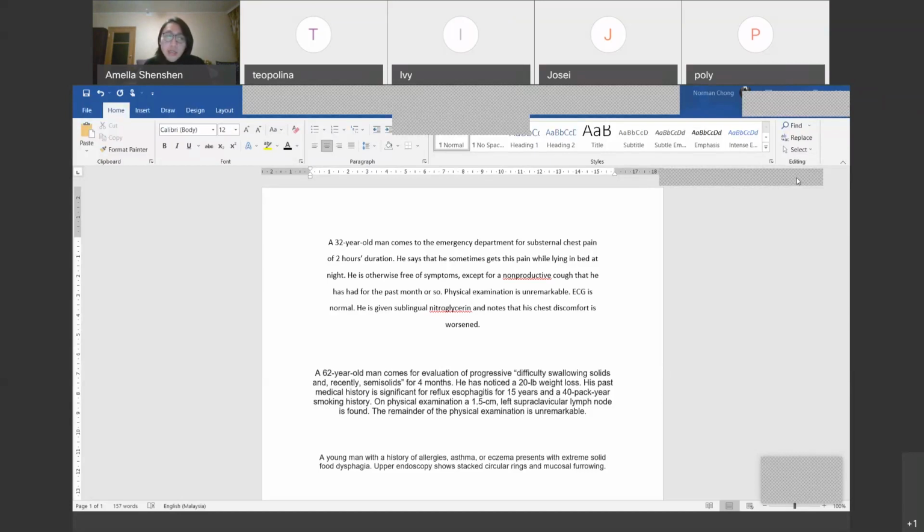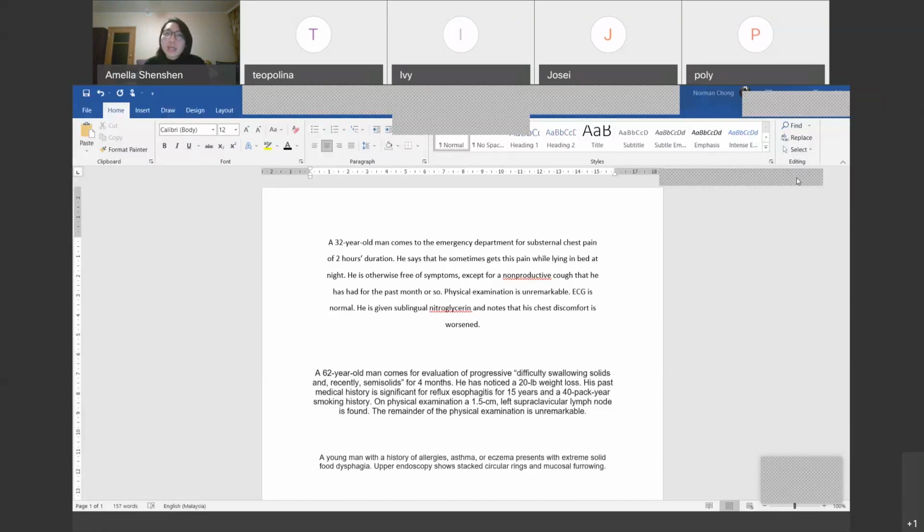Unless this is a very extremely severe form of stable angina, or maybe unstable angina, or maybe even MI, right? But for a 32-year-old man, what's the likelihood of it being MI? Very low. So with the age and the position of the patient, you're not thinking of that. You're thinking of GERD, right?